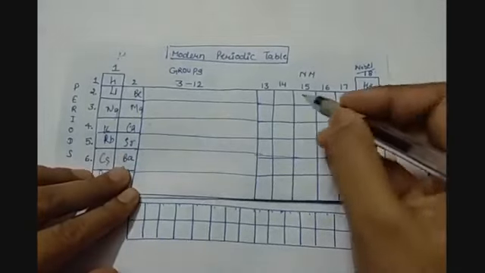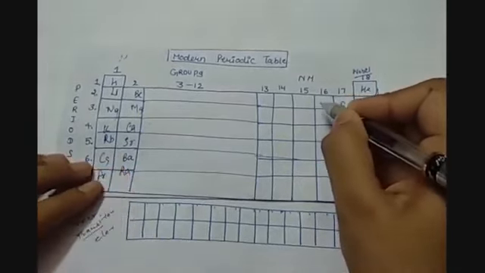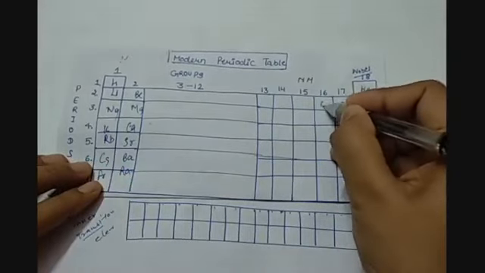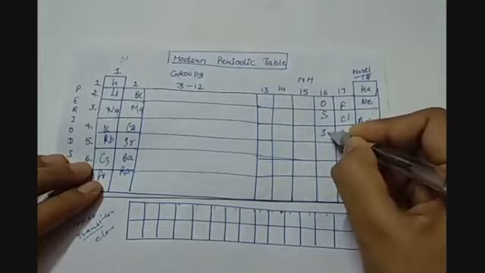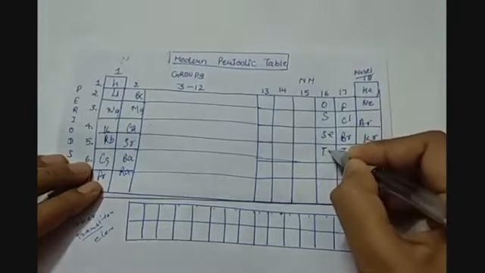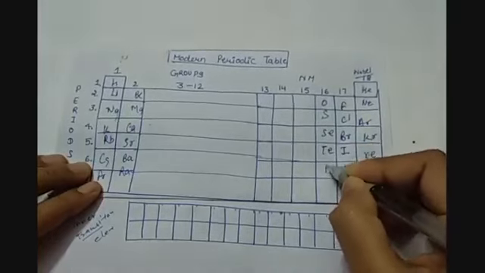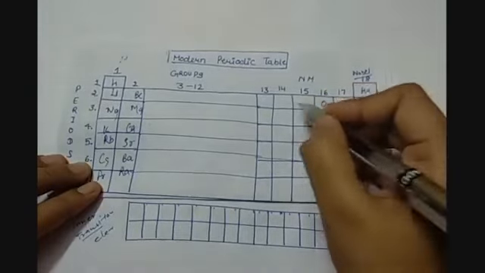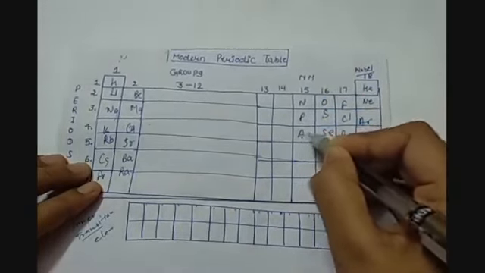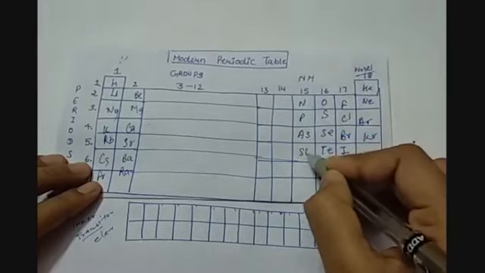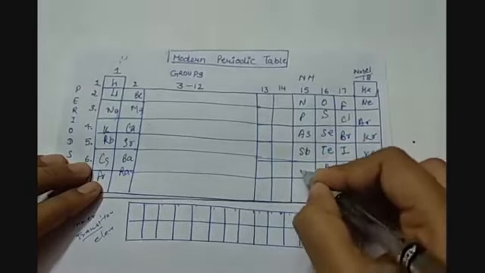In group number 16 we were having chalcogens, which start from oxygen, sulfur, then we have selenium, tellurium and polonium. Then we have nitrogen family: nitrogen, phosphorus, arsenic, antimony and bismuth.